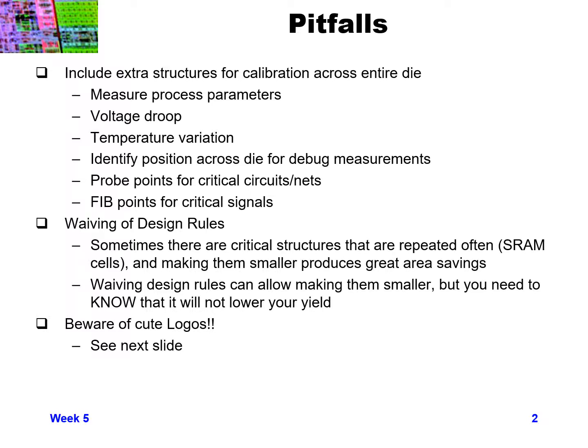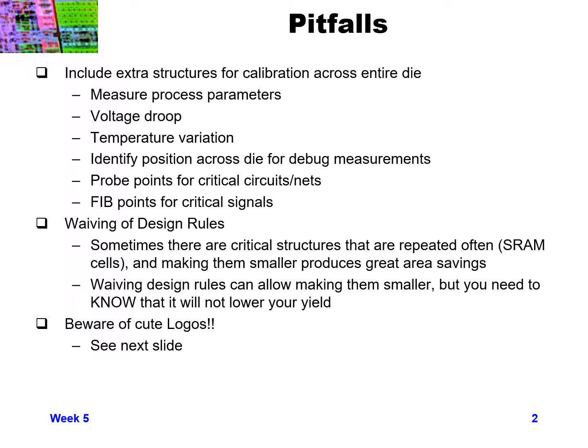Those can be useful things to put across your die. And creating probe points. Sometimes you want to probe a given critical circuit, but if that critical circuit is on a really low metal layer, like a metal 1 layer, and it's a really short metal line, there's no way you're going to be able to probe it.